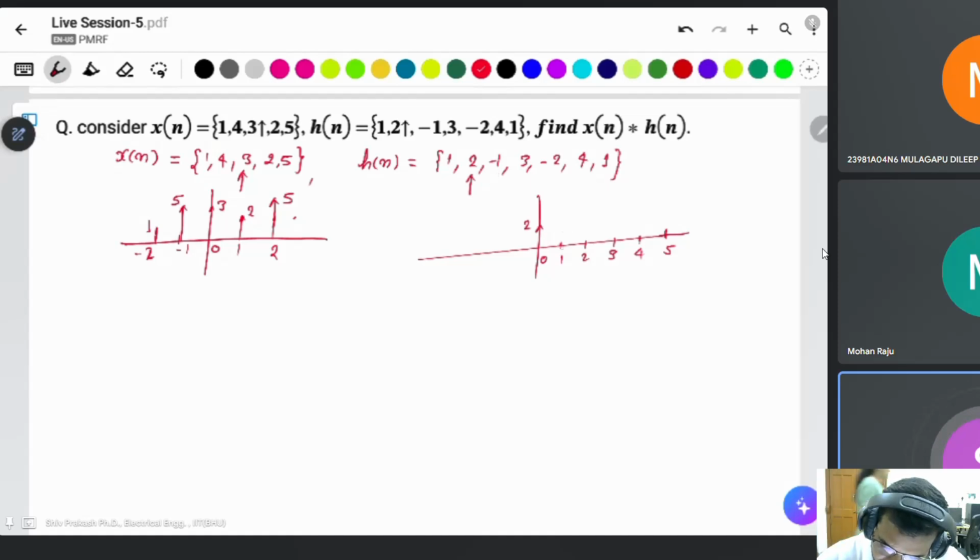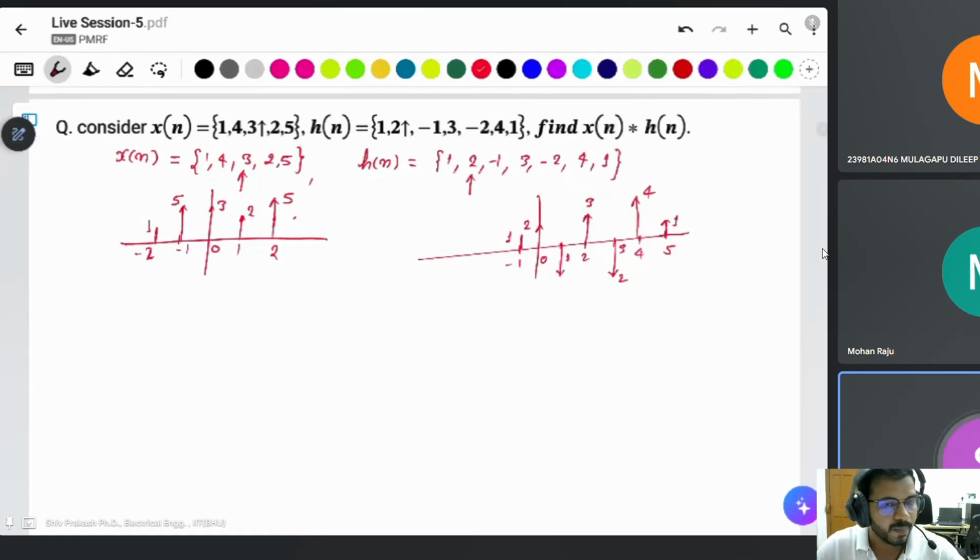At 1 is minus 1, at 2 is 3, at 3 is minus 1, 2, at 4 the magnitude is 4, and the fifth one is 1. Same thing here, minus 1 has magnitude 1. This signal looks like that. Okay.